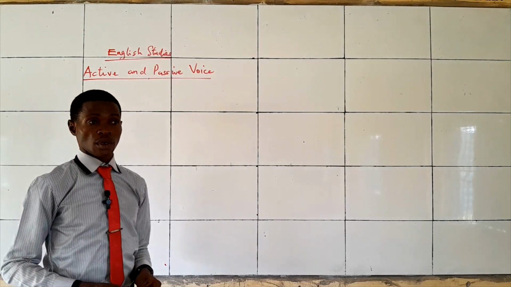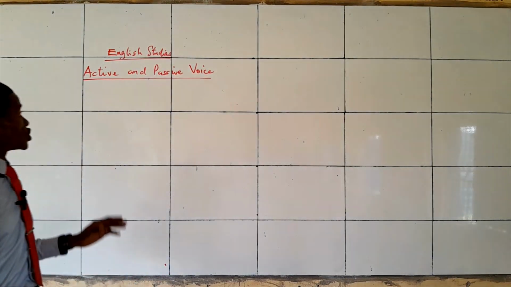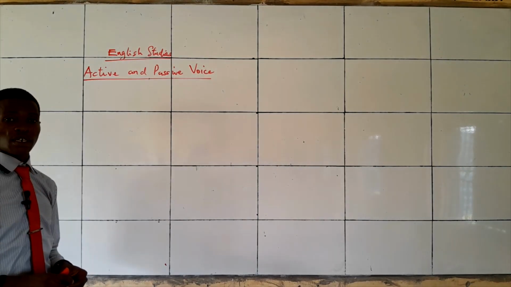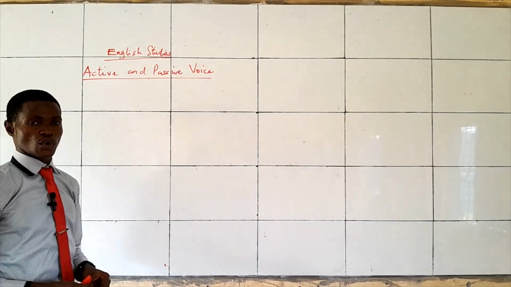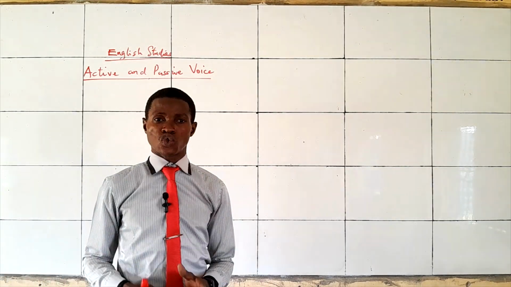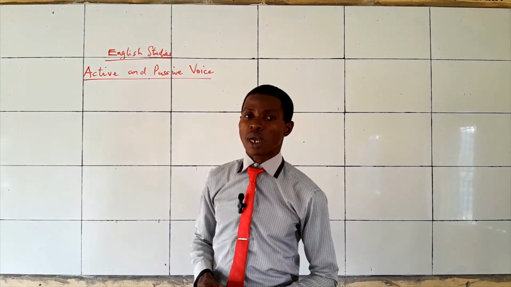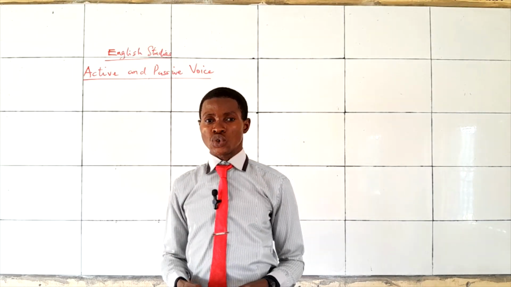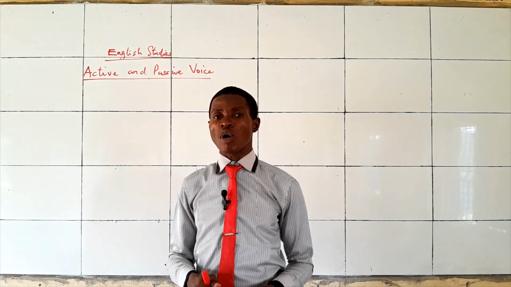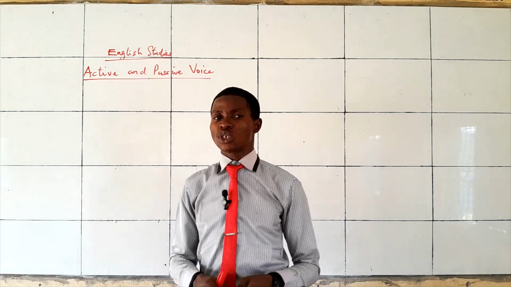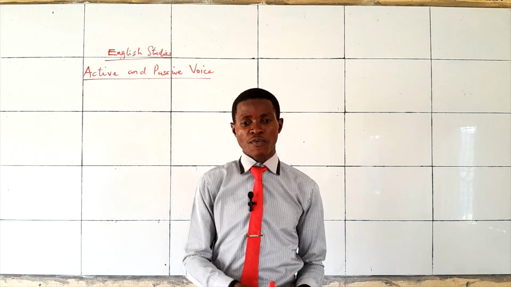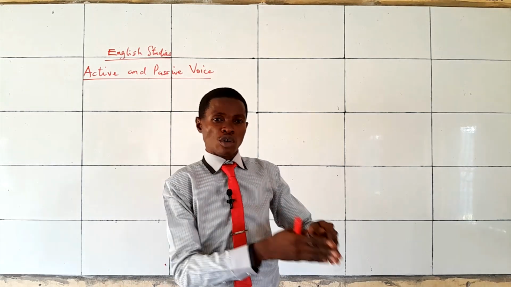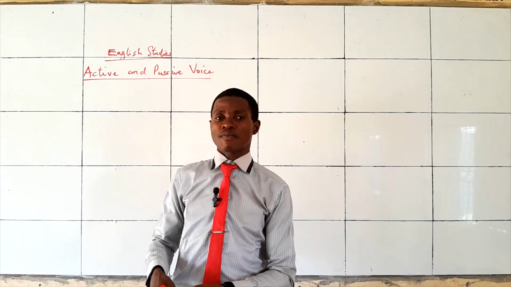This morning, we are going to continue from where we stopped in our previous edition on active and passive voice. If you could recollect, we already had 2 episodes of this topic. Today, we are moving straight to the next episode of active and passive voice, which is going to be the conversion of continuous active sentences to passive.